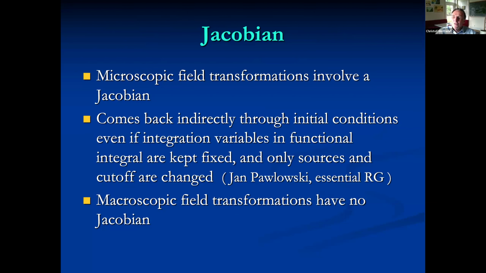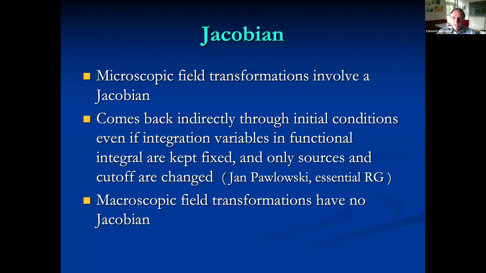Often the actual formulation of the field transformations in the flowing action does not use field transformations in the functional integral, and you may not see immediately this Jacobian, but I will tell you it comes back. It comes back through the initial conditions, even if the integration variables in the functional integral are kept fixed and only sources and cutoff are changed.